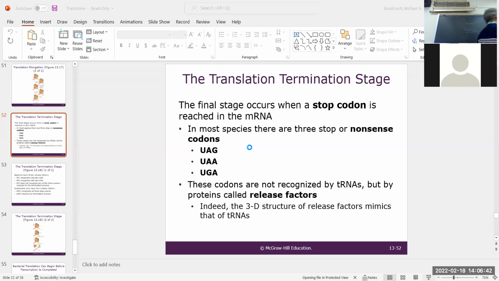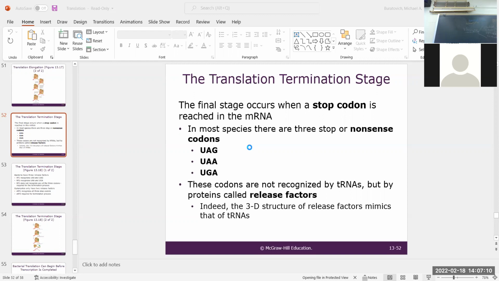Now consider this. Since bacteria don't have a nucleus, once the messenger RNA is made, ribosomes can jump on it right away. So very often, translation and transcription are occurring at the same time. That doesn't happen in eukaryotes because there's a nuclear membrane that's in the way.